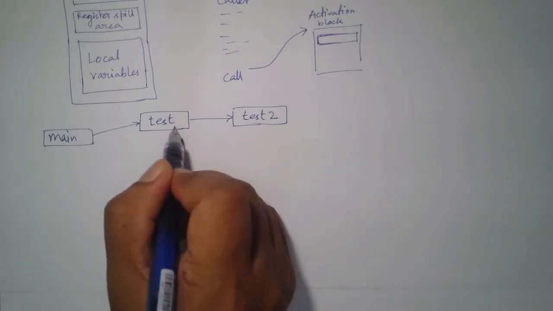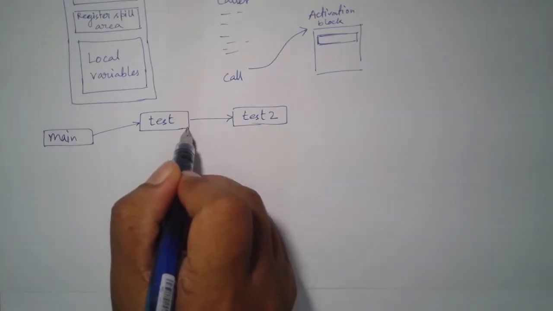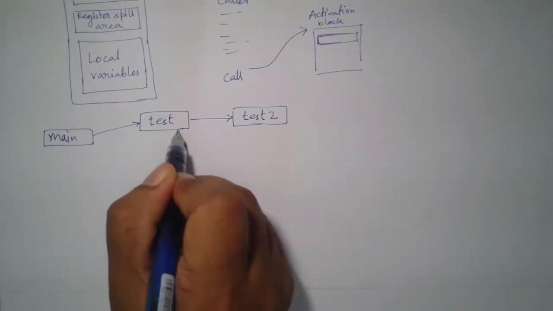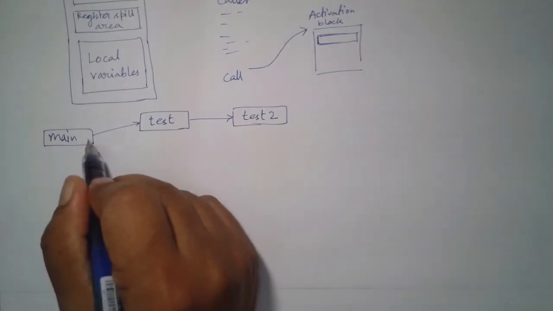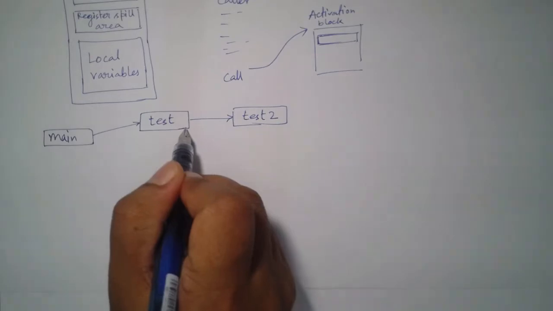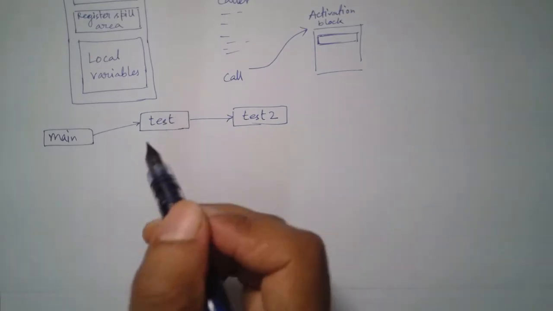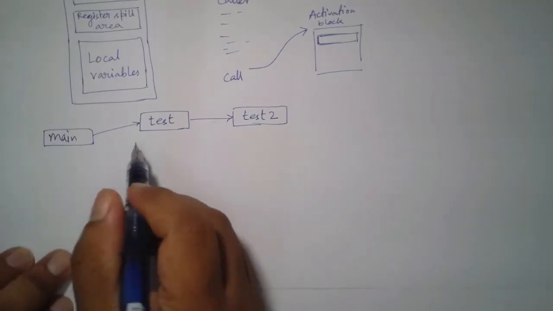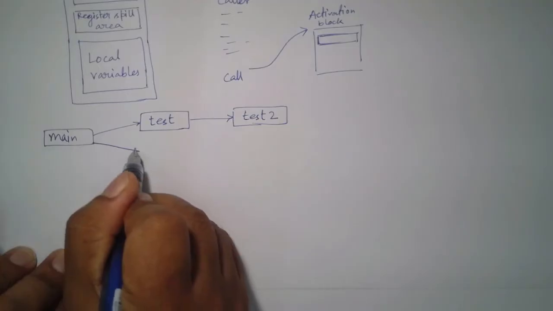Similarly, I come back here, I do everything, and once I am done with this test function and I hit the return, I come back to the main function, and here I can again reclaim everything allocated for test. Similarly, let us look at another example, let us say I have another function foo.